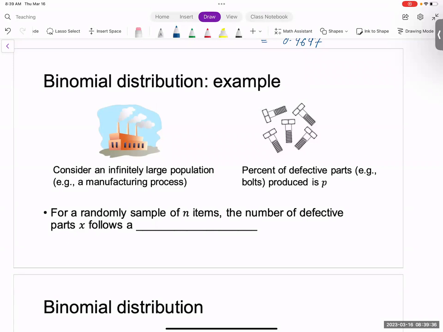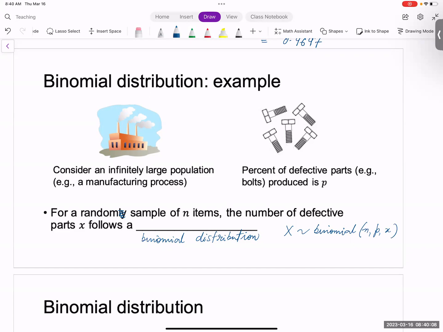So for a random sample of n items, the number of defective parts X, you know this would follow a binomial distribution. So I can say here X follows a binomial with parameters n comma p.